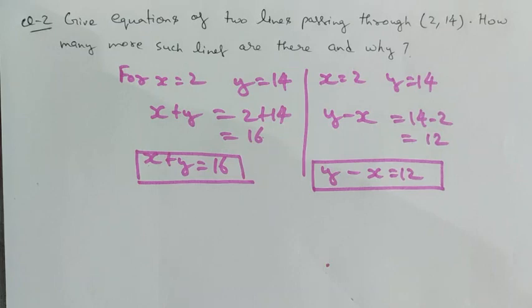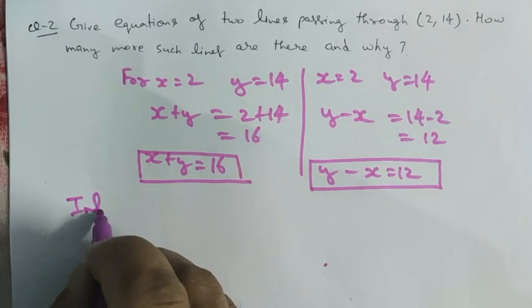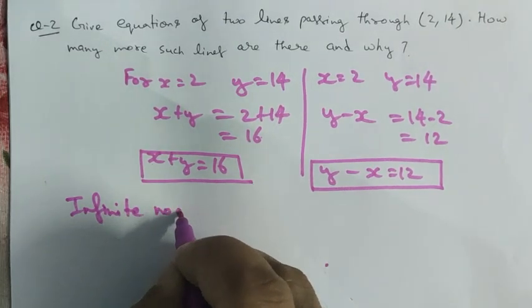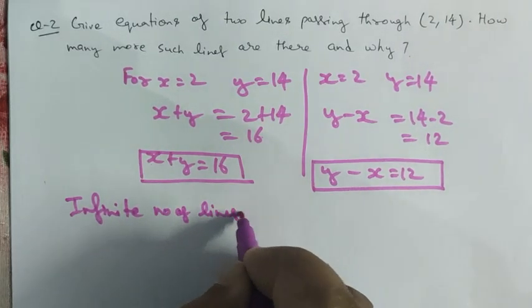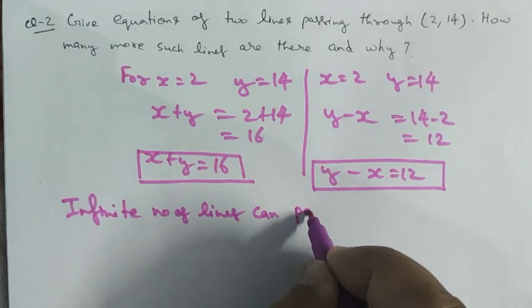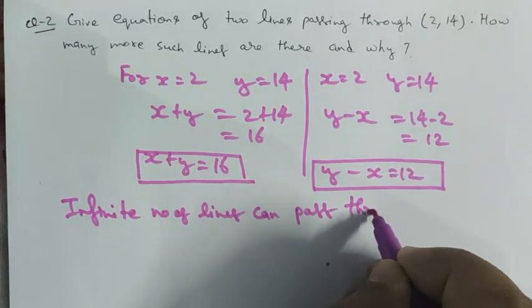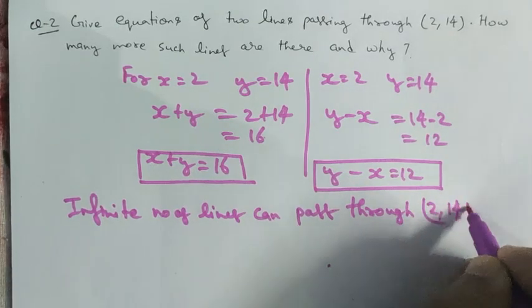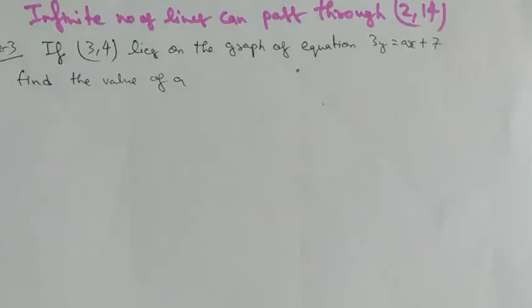But how many such lines can pass through this point? Infinite number of lines can pass through point (2, 14).